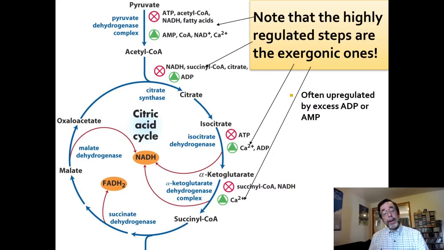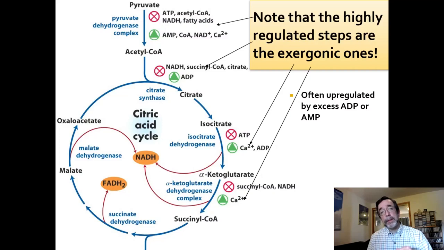So look at the other trends. When you have excess ADP or AMP, that means you need more ATP. So if you have empty ATP boxes that have been broken open, those will turn up these enzymes. Don't worry about AMP versus ADP. We're not getting to that level of detail.